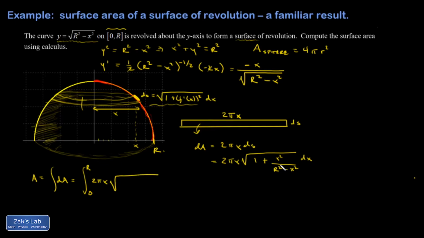And I'm going to do some cleaning up of the square root as I go. I can call 1 r squared minus x squared divided by itself. And then in this second term I have an x squared over that. Now that I have a common denominator, I can just add those numerators together.